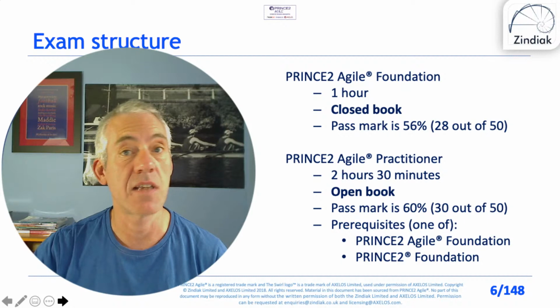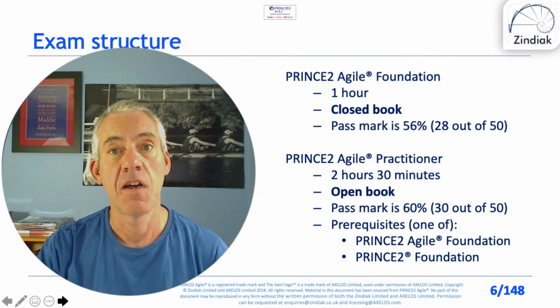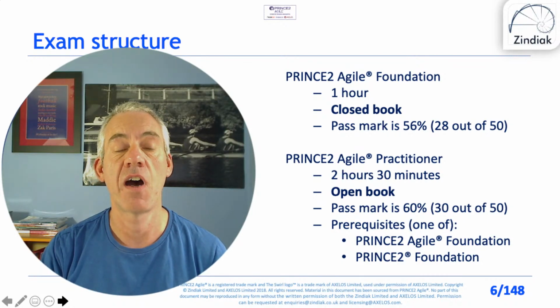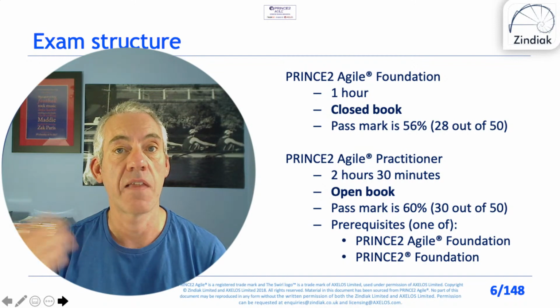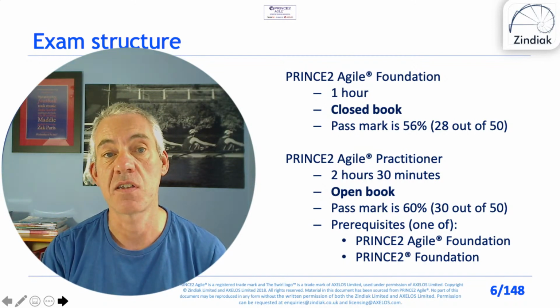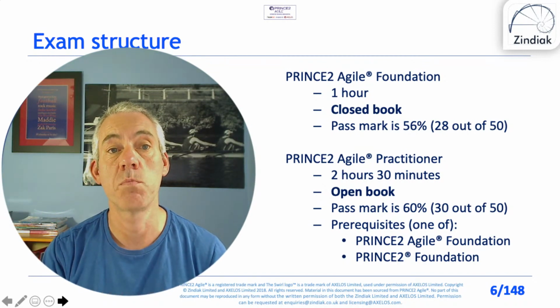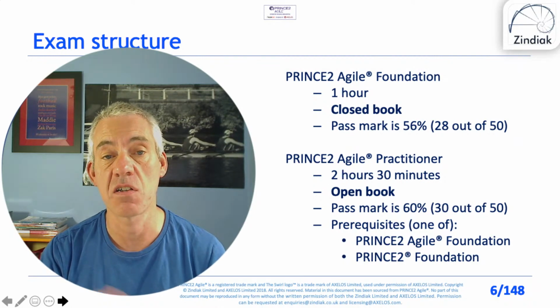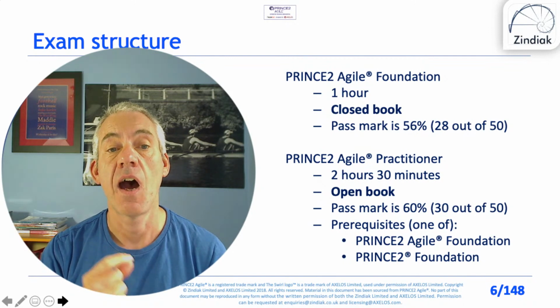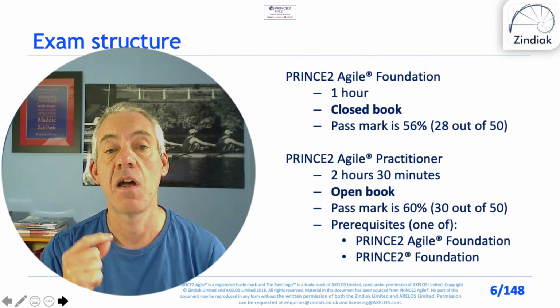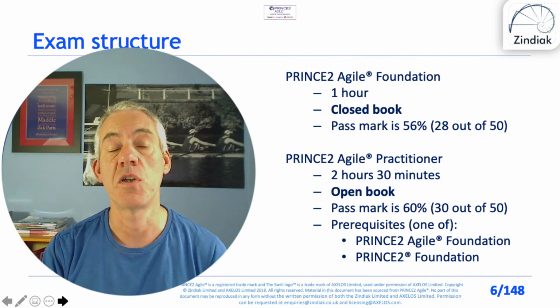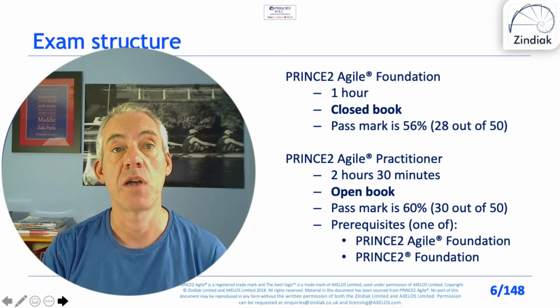It's due to the current situation with the coronavirus that they're allowing you to do that. They may extend it after September. Pass mark for the practitioner is 30 out of 50, so slightly higher, 60%, and you must have either PRINCE2 Agile Foundation or PRINCE2 Foundation in order to sit the Agile practitioner.